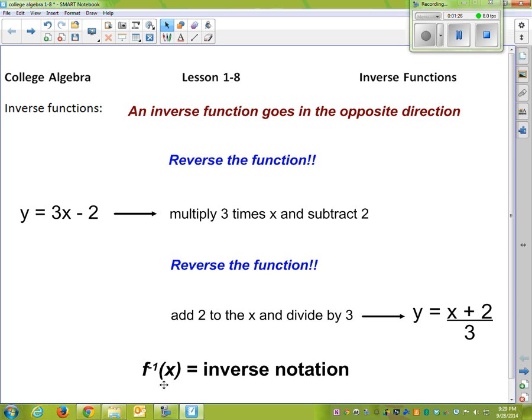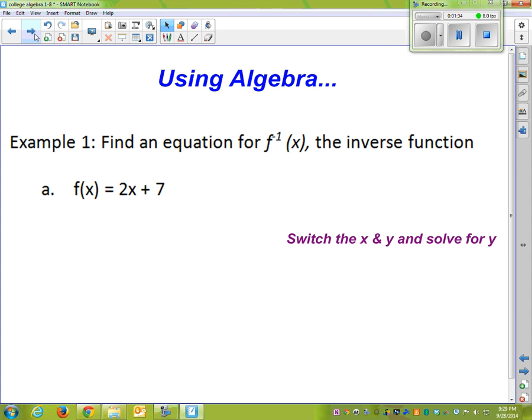Now some of our problems are going to get more complicated, so we're going to go through this algebraically, but it's the same concept. We need to reverse the function. I know that f of x can also be written as y. So my first step is going to be to switch the x and the y.